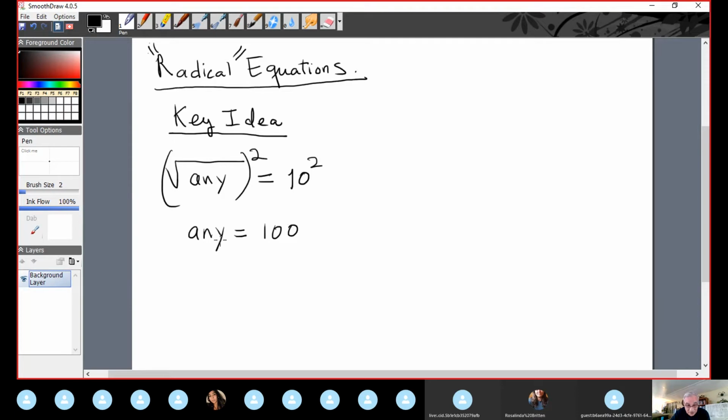This new equation, this is the most important idea now. Listen to me. This is easy. This equation is easier than the original que contains the radical. However, it is not 100% equivalent with the original. So this and this are not the same. It's approximately, but it's not the same.